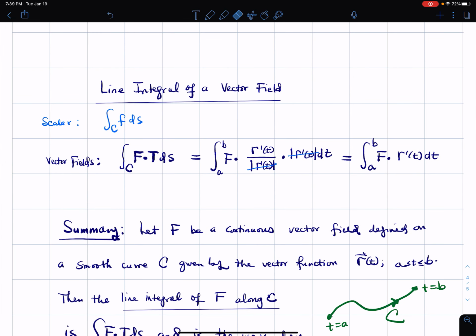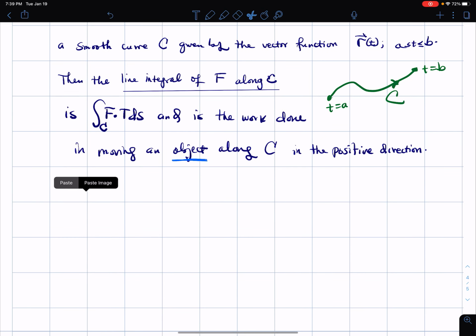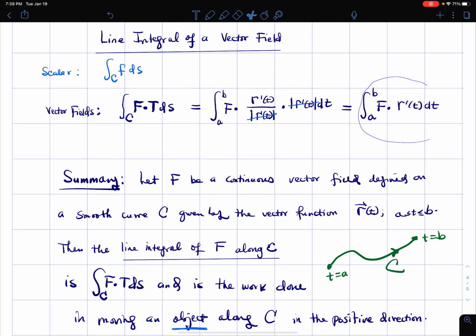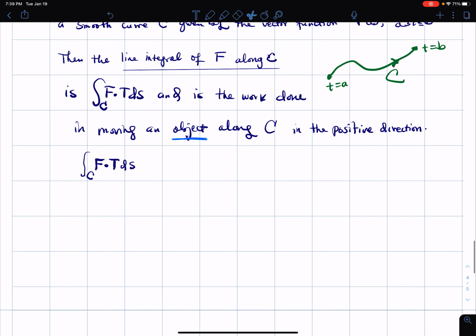So we already have this formula. We already developed it. Copy, paste here. So this integral is equal to that.